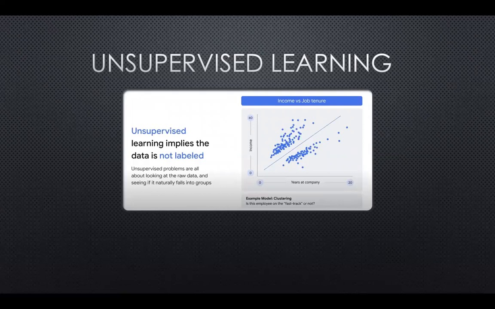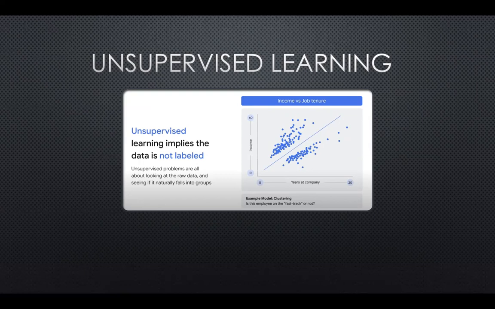So for example, again from this Google course, there is some data here. On the y-axis is income, and on the x-axis is years that employees have spent at a company. And again, you can see that there is a linear increasing trend. As employees spend more years at a company, they have more income.